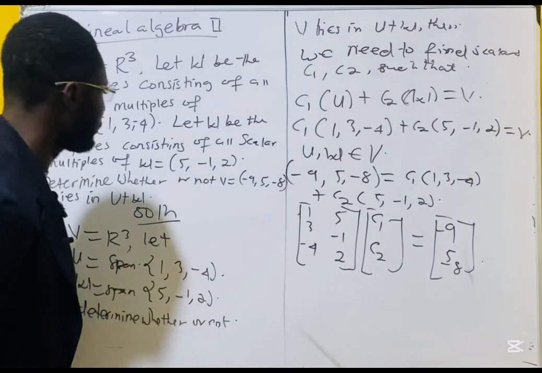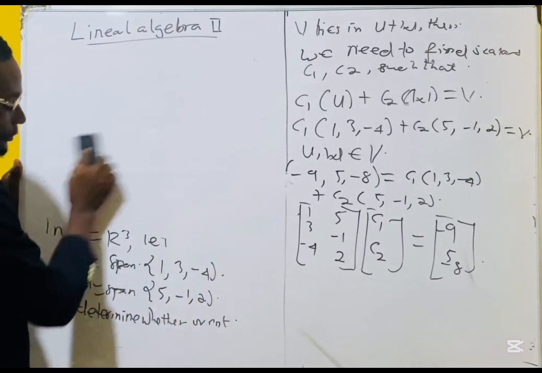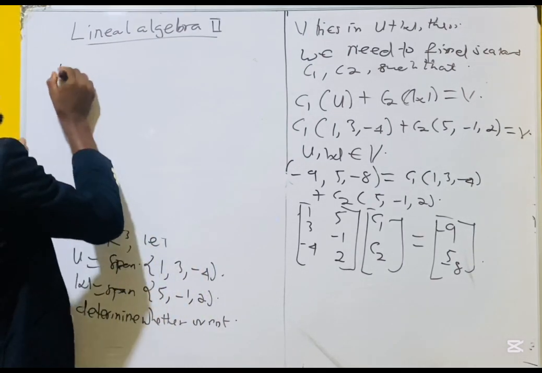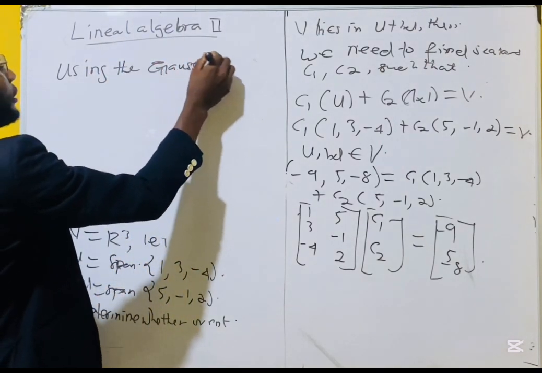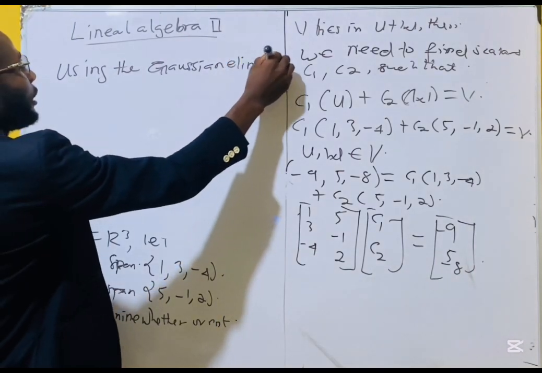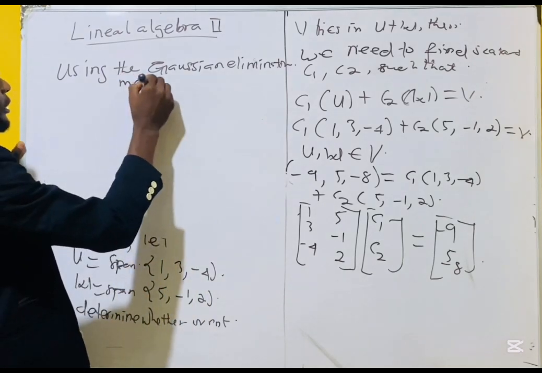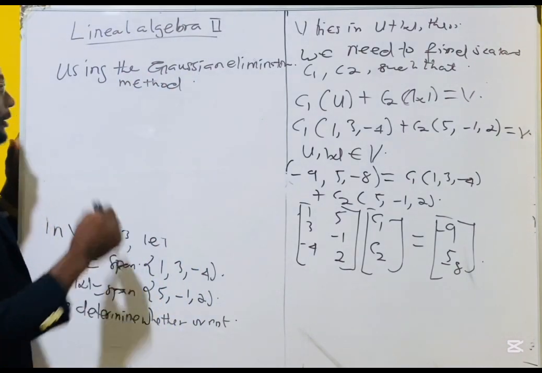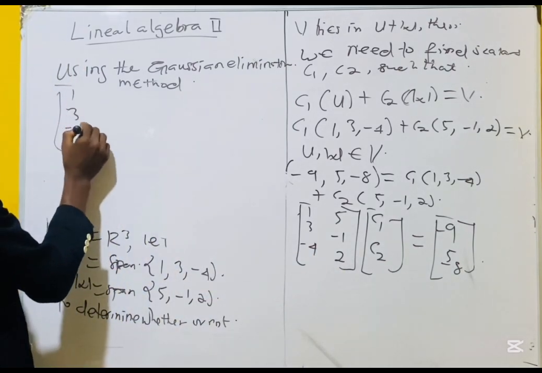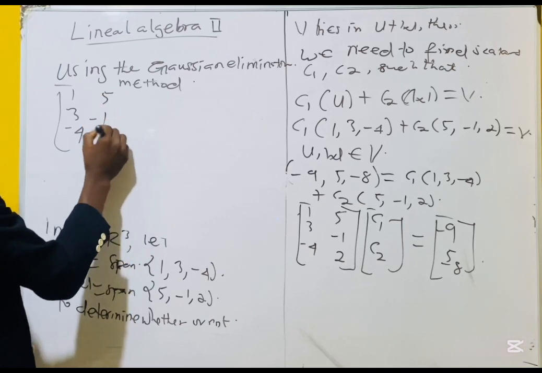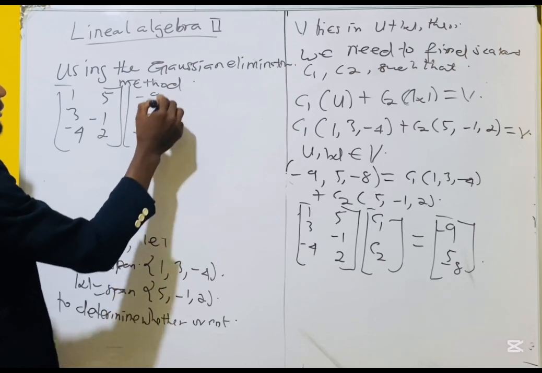Okay, so we move up here. Using Gaussian elimination, we can say that this matrix, 1, 3, -4, 5, -1, 2, multiplied by the vector, equals -9, 5, -8.